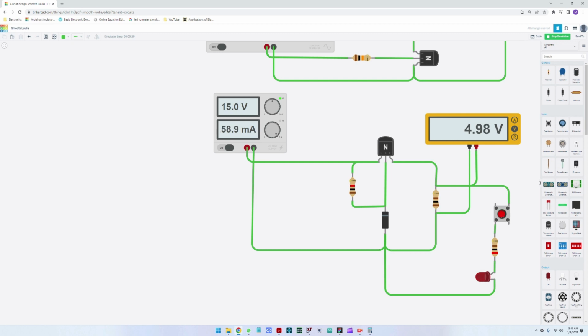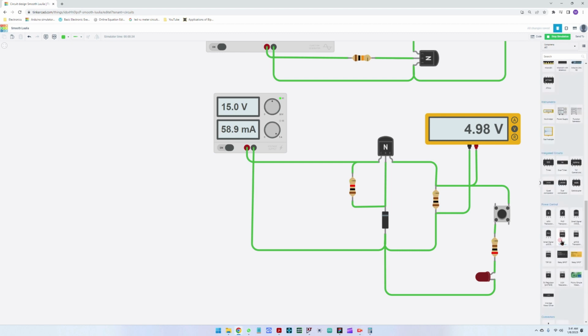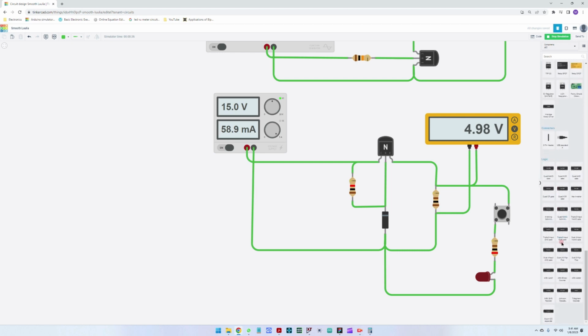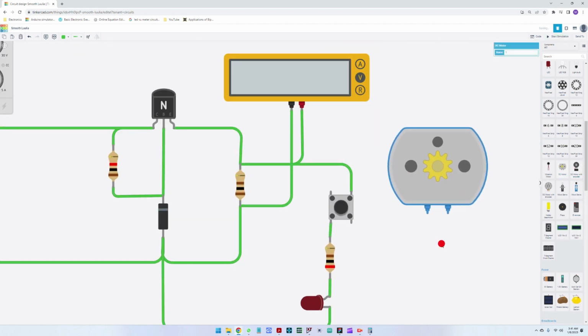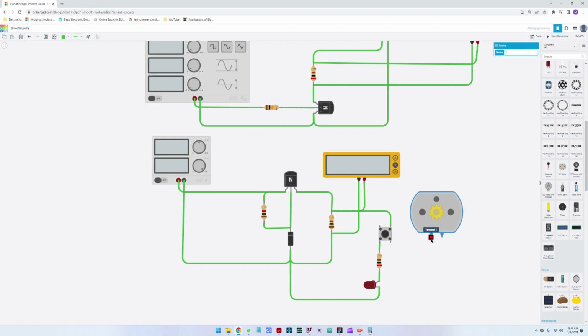You have almost a constant voltage, but even more, we can add a reactive load. So let's take a DC motor. Here we have a DC motor. We are going to connect the first terminal to the resistor here, and then the second terminal to the cathode.